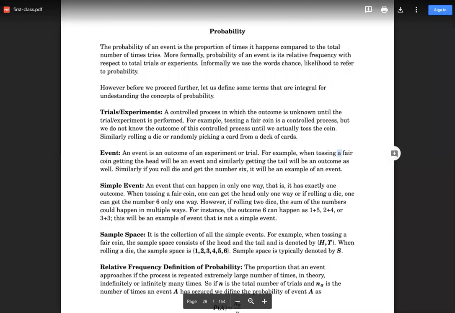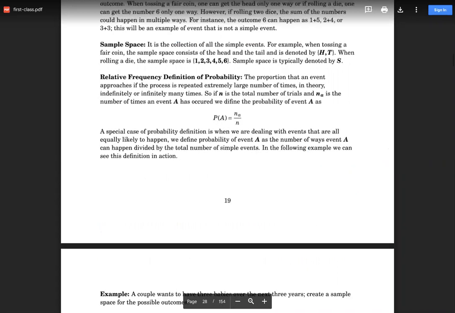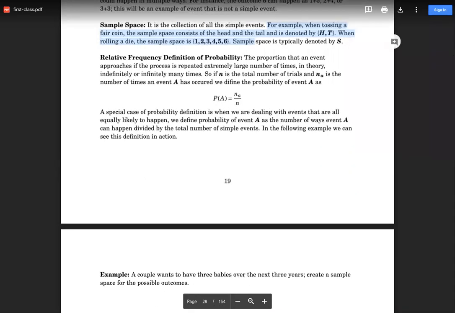So let's go back here. The proportion of times the desired event happens divided by the total number of times you tried. Okay, and this is exactly what we defined right here. See, look at this.